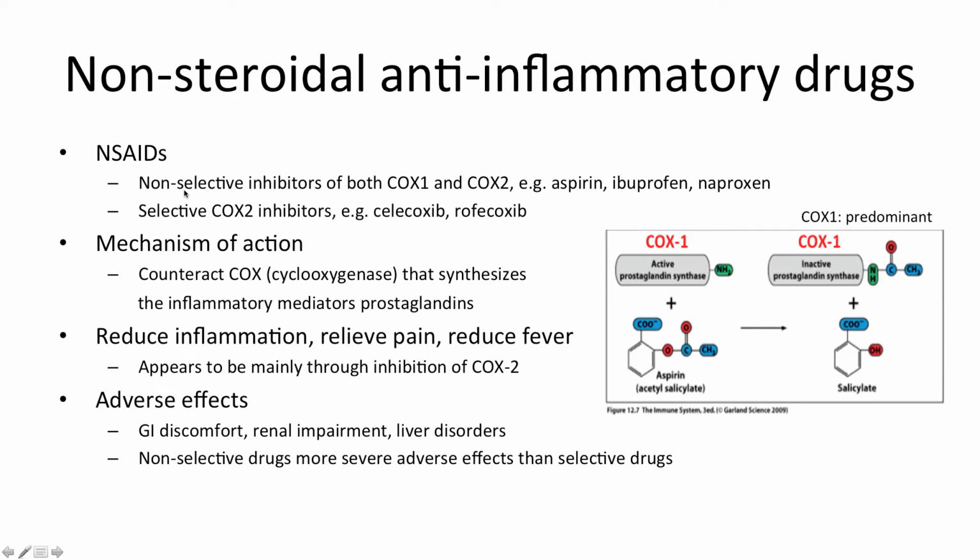These non-selective inhibitors of COX-1 and COX-2 include aspirin, ibuprofen, naproxen. We're all familiar with these names. There are also COX-2 selective inhibitors, which are specific to the COX-2 enzyme.